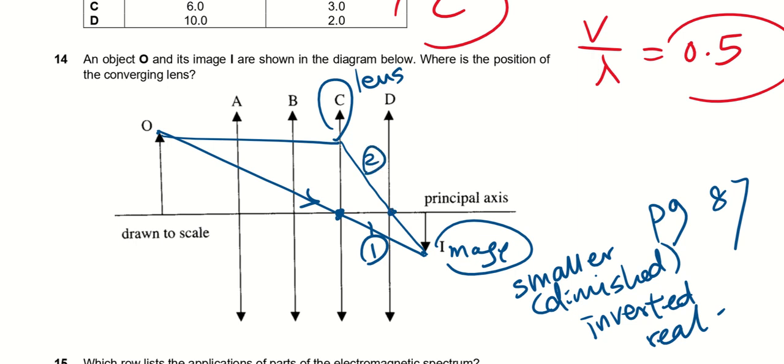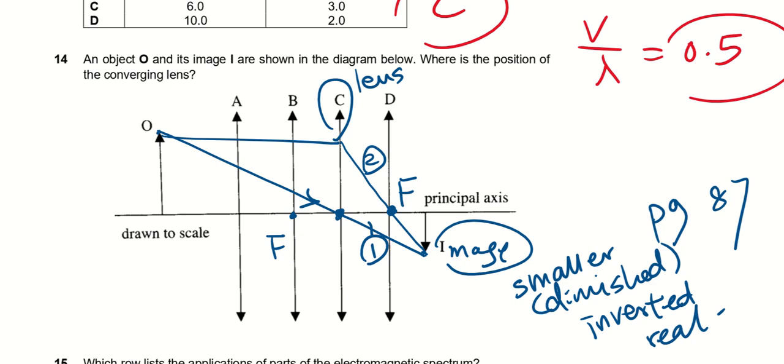By the way, what is this point called? Focal point. This point is called the focal point. Every lens will have 2 focal points, one on the left and one on the right. So if our drawing is correct, where is the other focal point? It's at B. Agree? Equal distance.